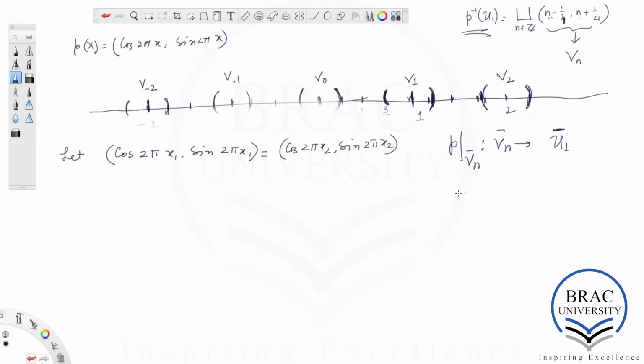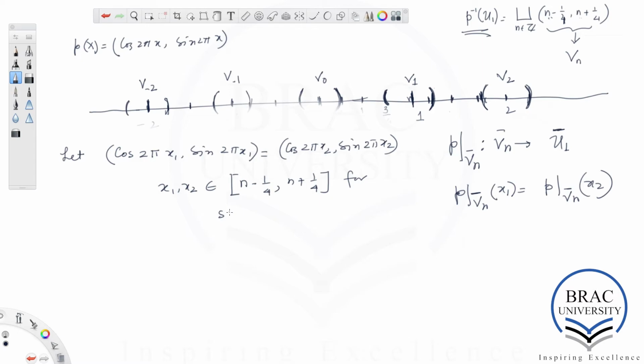In other words, we are assuming that P restricted to Vn bar at x1 is equal to P restricted to Vn bar at x2. This is what we are assuming, where we are assuming that this equality holds, where x1, x2 belong to this closed interval n minus 1 quarter to n plus 1 quarter for some fixed n in the set of integers.